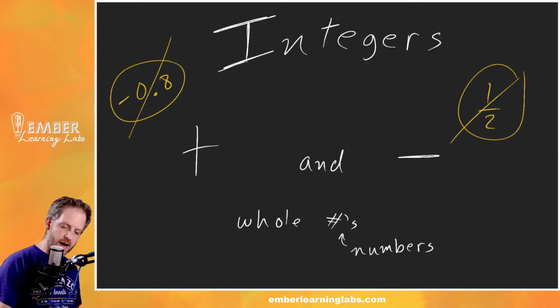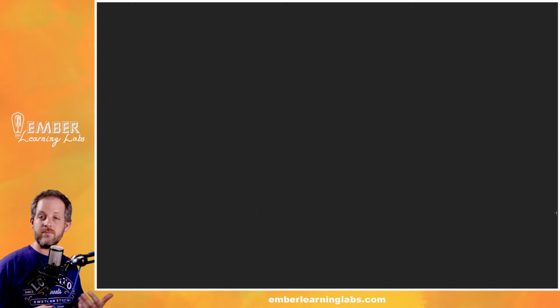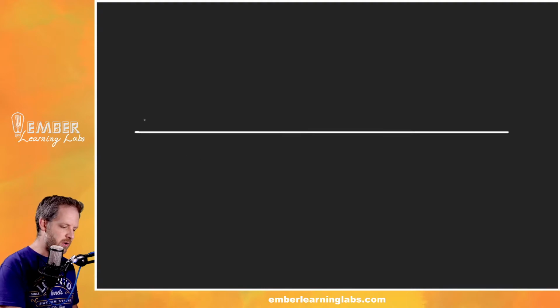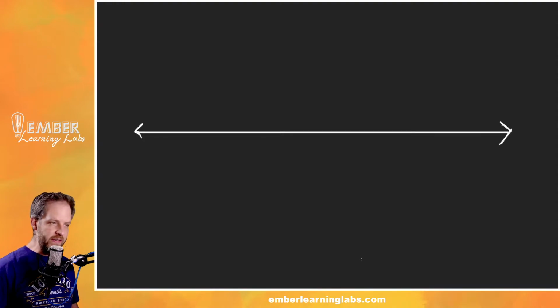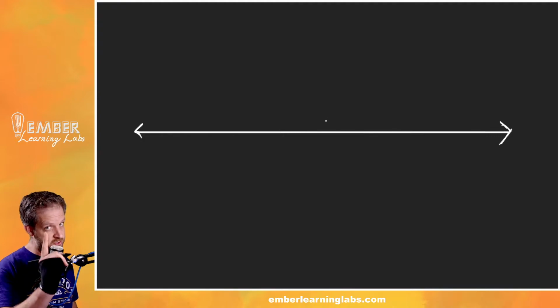Now, we oftentimes like to represent positive and negative whole numbers on a number line. So let's do that real quick. This is overall going to be a short video. So this is how we represent integers on a number line. First of all, on our number line, we use a straight edge when we draw it.